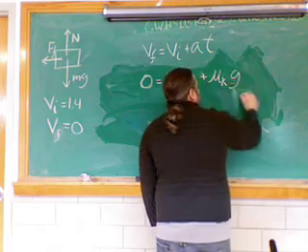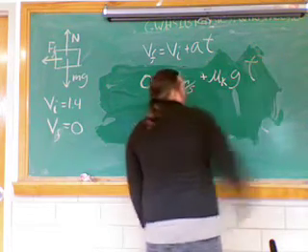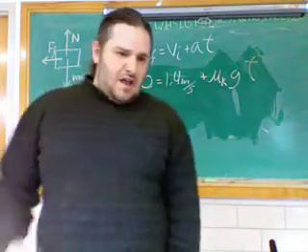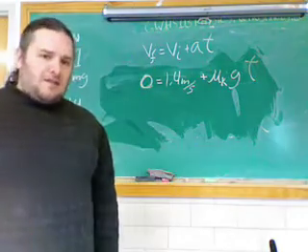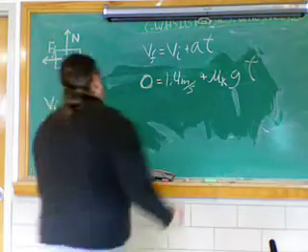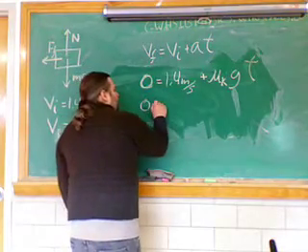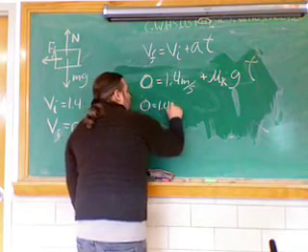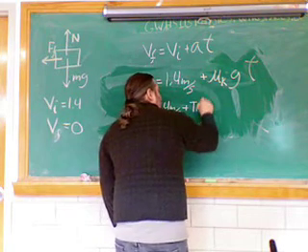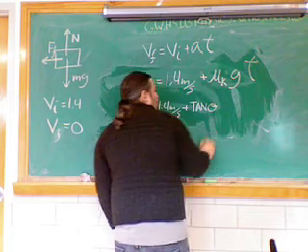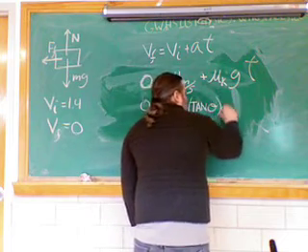Now we did say that the coefficient is the tangent of theta, so I can go back and make that substitution. 0 is equal to 1.4 meters per second plus tan theta times the acceleration of gravity times t.